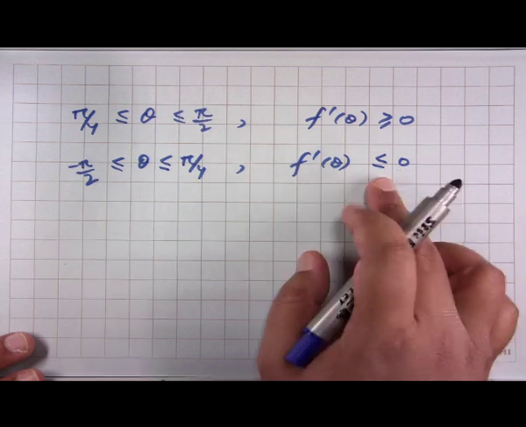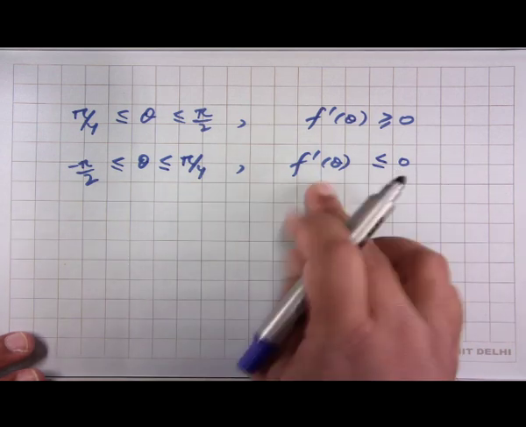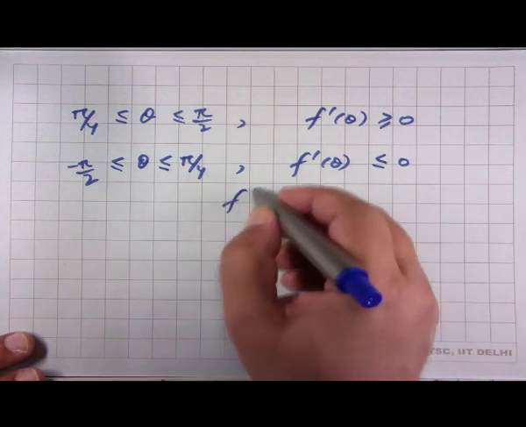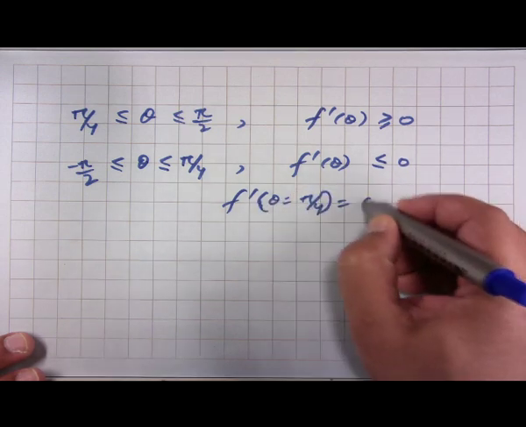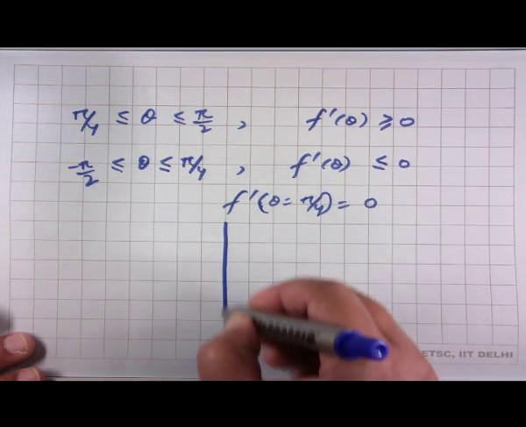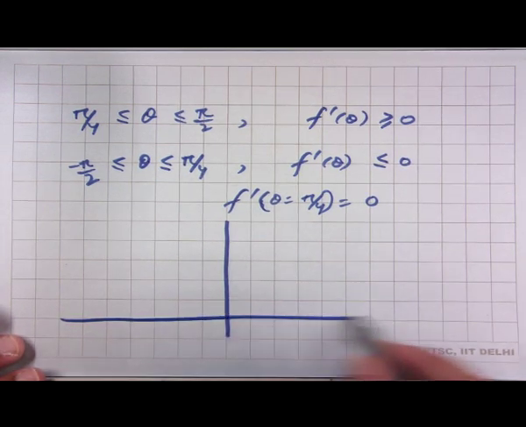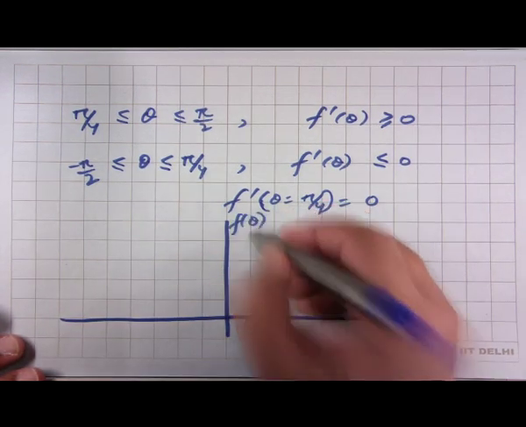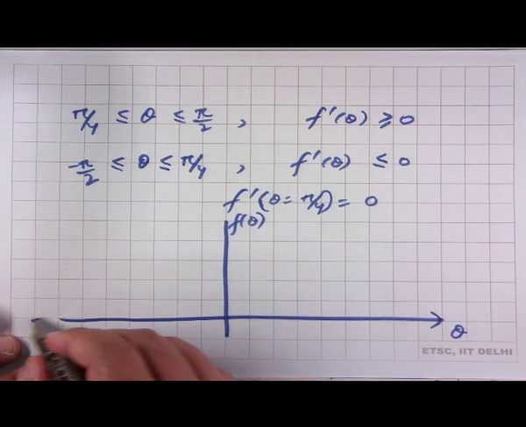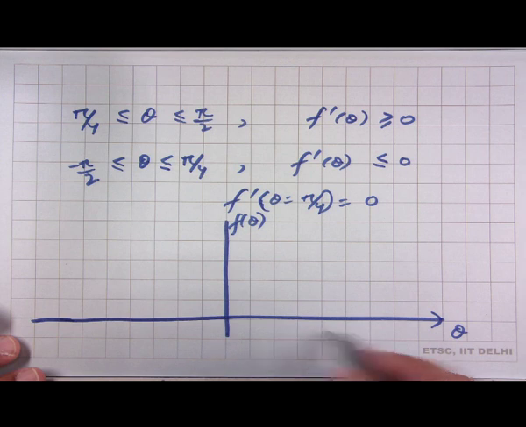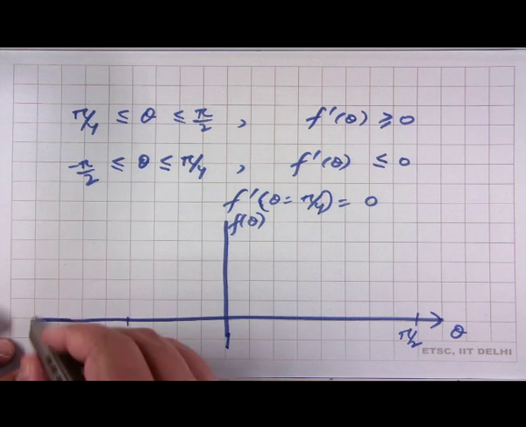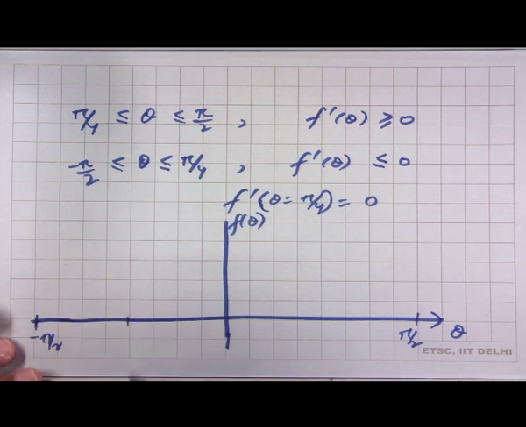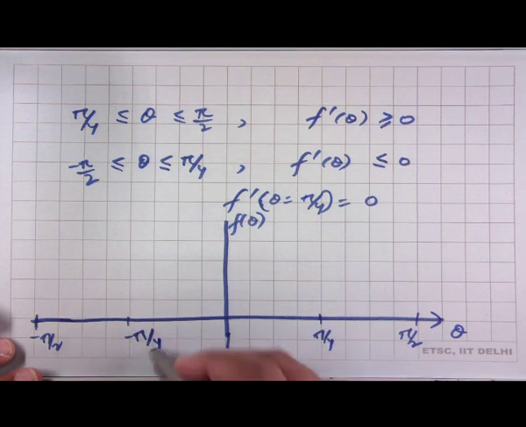And of course, we know that at theta equal to pi by 4, the derivative is equal to 0. So, we can approximately plot the graph of f theta. We have theta here, pi by 2, minus pi by 2, and this is pi by 4, this is minus pi by 4.